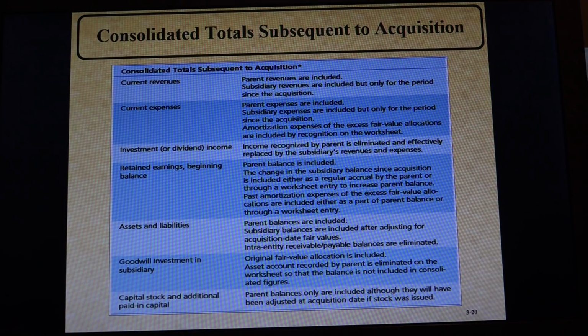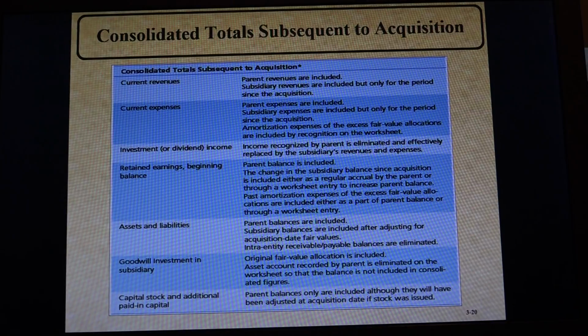And then you have your I part. And so there, you're debiting equity and subsidiary earnings for $153,000.